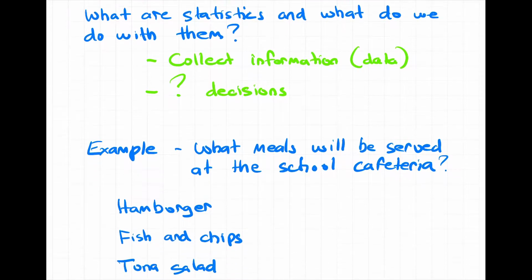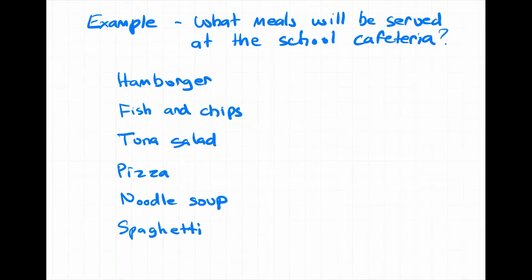So for example, say at the school cafeteria, they've got 6 choices. What are they going to serve to the students for the month of September? So what they would do is they would poll or survey and ask students a question like, out of these 6, what would be your favorite 2?